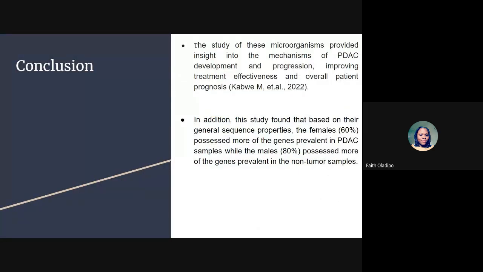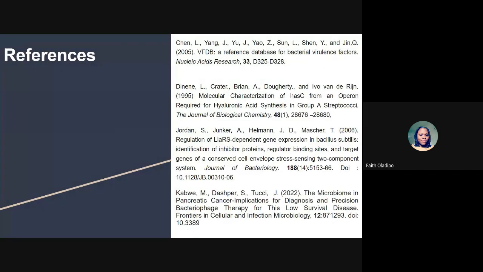In conclusion, the study of these organisms provided insights into the mechanism of PDAC development and progression, and it helped us to know the treatment effectiveness and overall patient prognosis. Based on our analysis, the prevalence in females is 60% and in males 80%. The 80% prevalence in males is found in the non-tumor samples, while the 60% prevalence is found in the tumor samples. These are the few references I have.